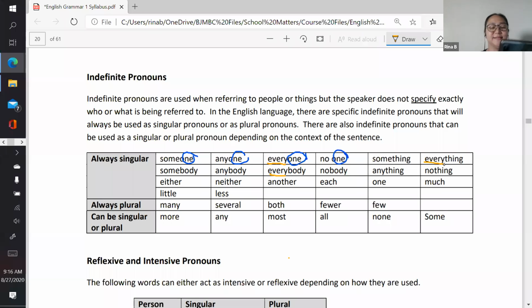All right. Time's up. So I'll stop sharing, and do not look at your syllabus. Close your syllabus for now. When I call your name, I will also include an indefinite pronoun.